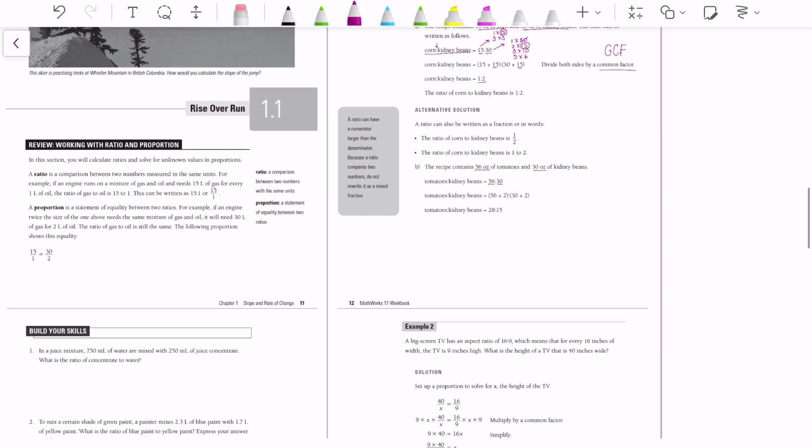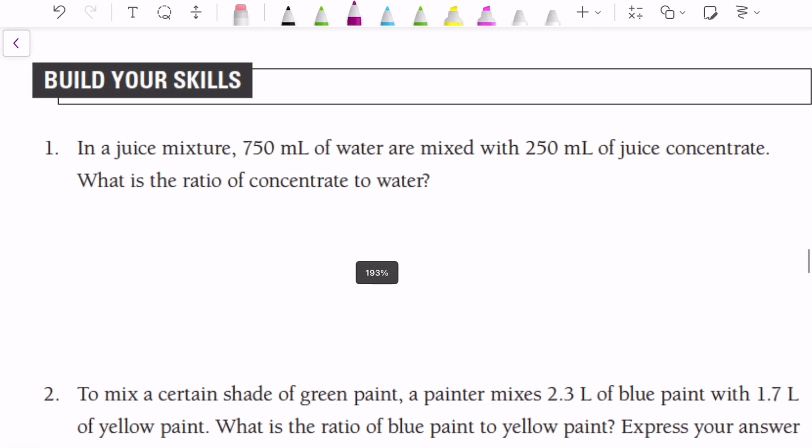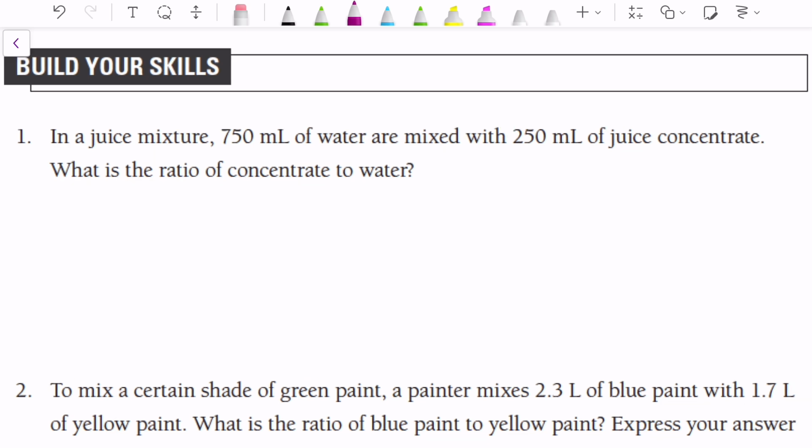So let's pop down to the next and we will practice with one. All right, let's try number 1. In this question, water comes first and juice comes second in the original statement, but the question is asking concentrate to water. So we're going to keep that in the same format.